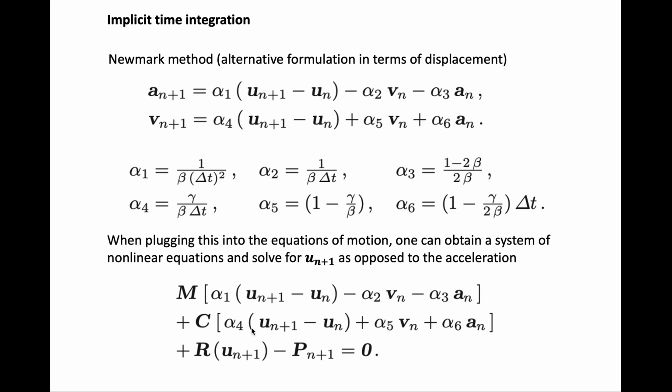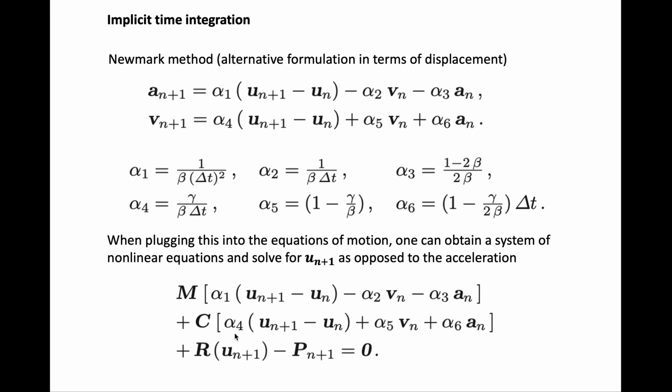It's still a nonlinear system of equations, so you can see that the residual at time n depends on the displacements un plus 1, which are unknown. So here you can see this is basically like what we had before for the time independent problems. You have an internal force that depends on the unknown displacements, and then the mass and the damping multiply things that are with respect to the known displacement, velocity, and acceleration, but also the unknown displacements.